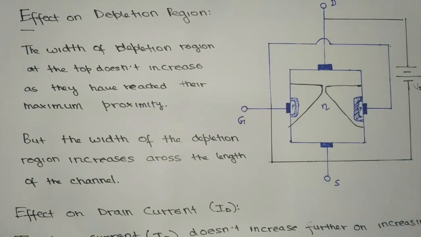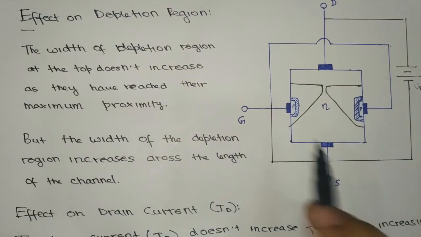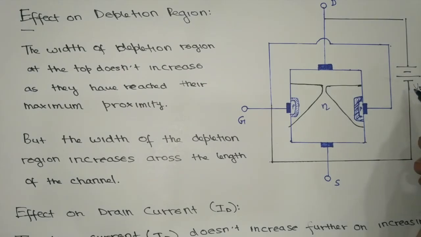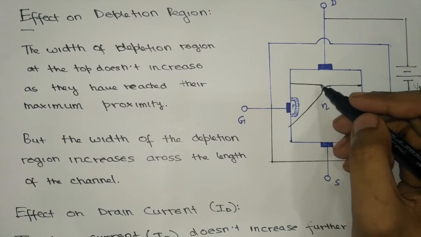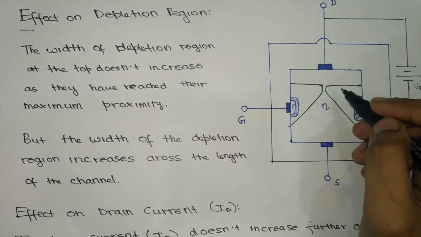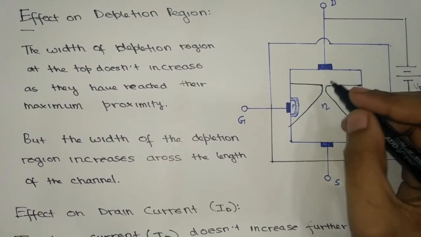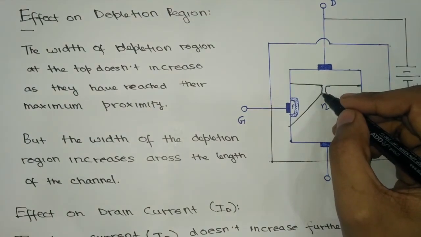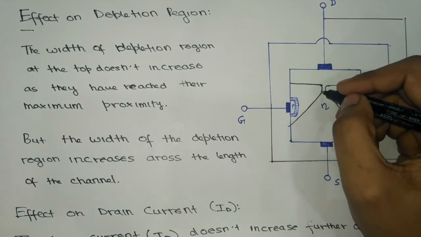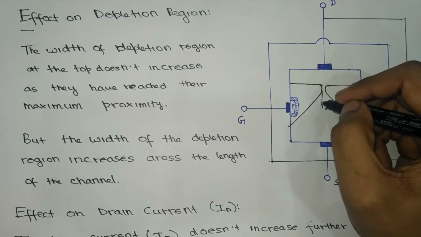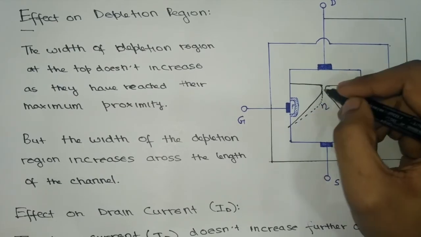Okay, so what would happen if the VDS is further increased? We must always remember that the depletion regions must not overlap each other at any cost. So what happens?